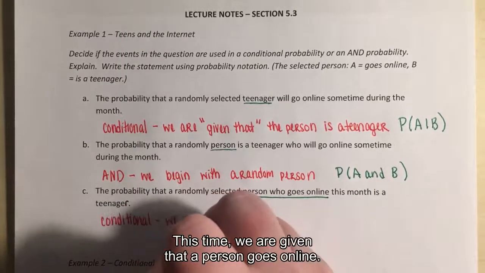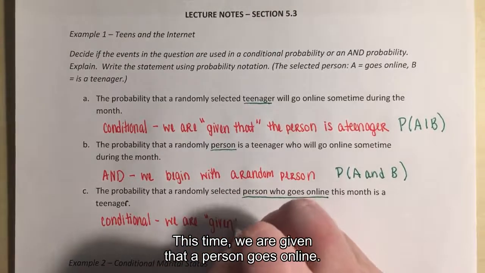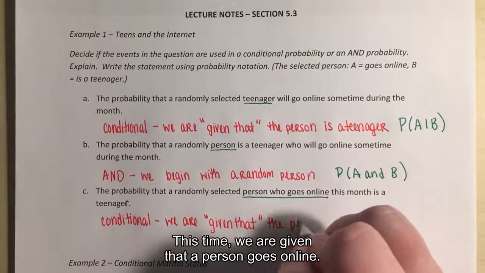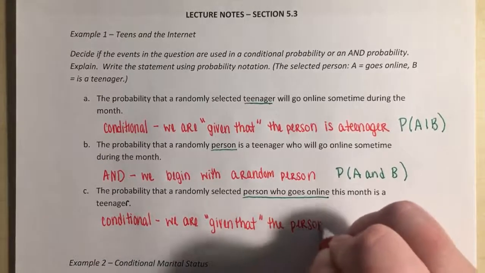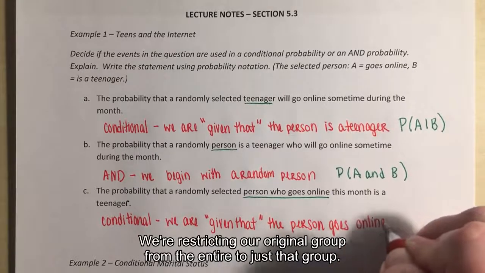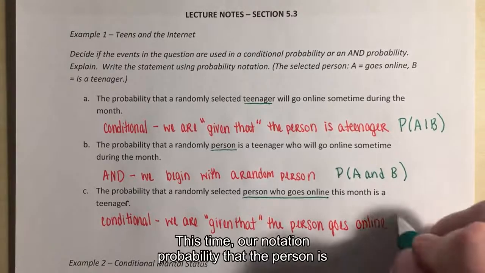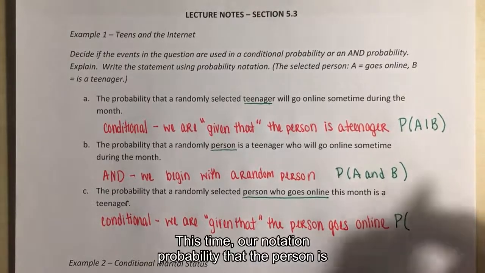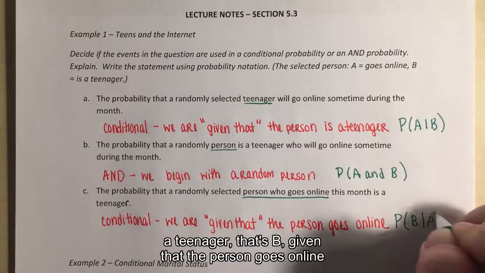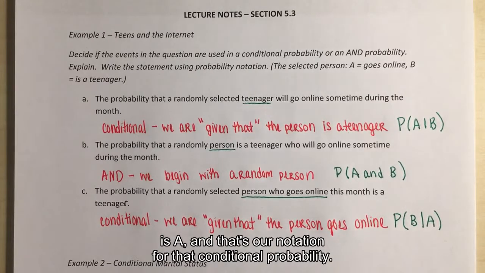This time we are given that the person goes online. We're restricting our original group from the entire group to just that group. And this time our notation, the probability that the person is a teenager, well, that's B, given that the person goes online, which is A, and that's our notation for that conditional probability.